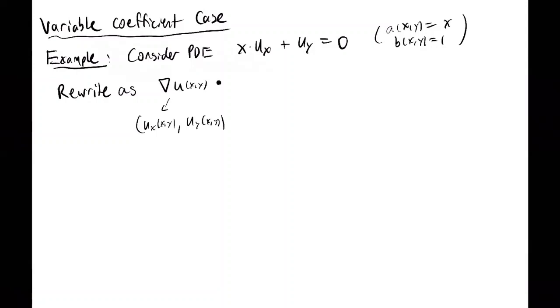And then I'm taking the dot product with some vector, in this case, I'm multiplying u_x by x, and I'm multiplying u_y by 1, right? And so this equation that I just wrote down is describing the same equation. It's just written in this directional derivative form, right?